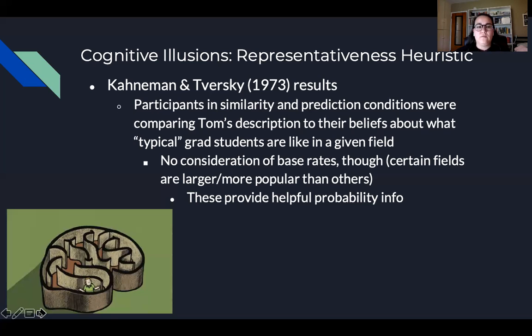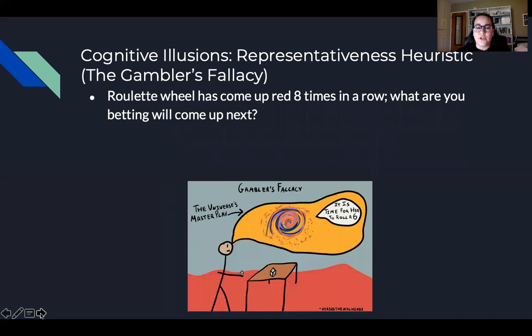And so there's a related error in judgment that's called the gambler's fallacy. So imagine yourself in Vegas, post-COVID, and you're beside a roulette wheel. And for those of you who might not be familiar, roulette wheels are wheels like they sound, and they have red and black alternating compartments on them.